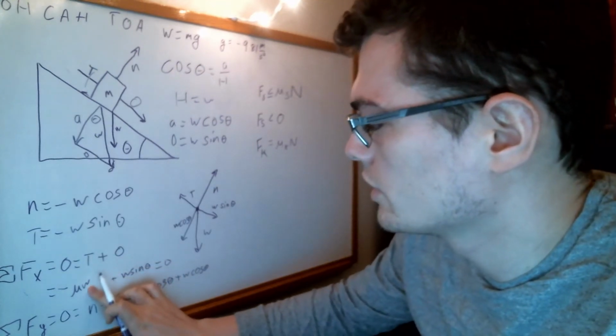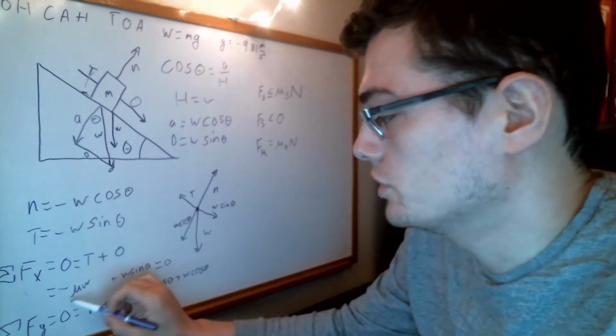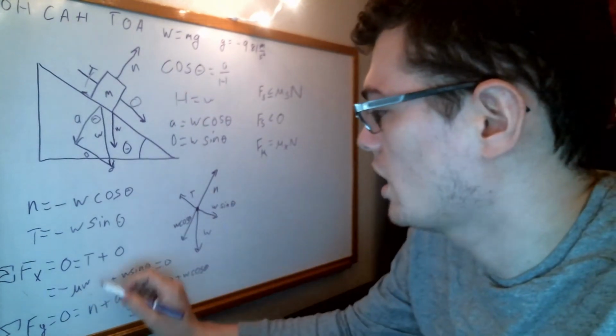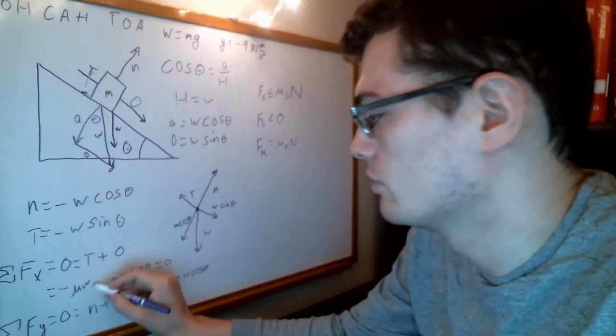I've written the negative a little early. It should have just been mu_k N, and then you'll add on the negative after you plug in N.